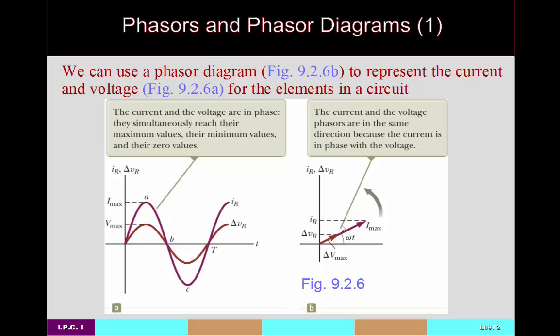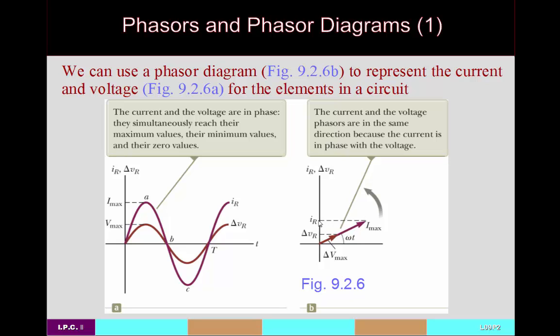Remember that angular speed is another word for angular frequency, and it is a constant. It is the reciprocal of the period of this cycle multiplied by 2 pi. So omega is 2 pi over big T, where big T is the period. After some time t, this has rotated through some angle theta equals omega t.